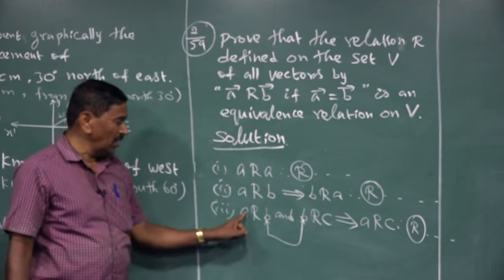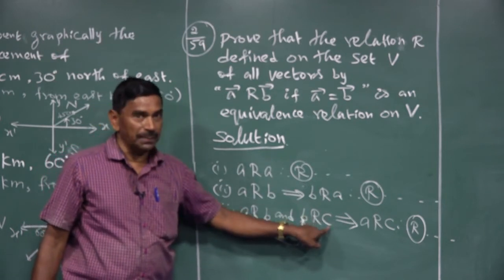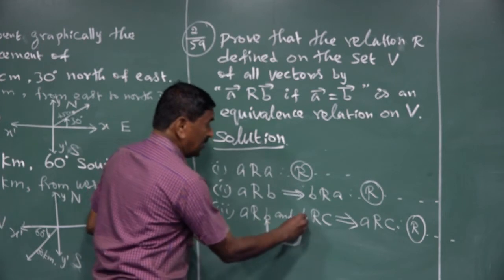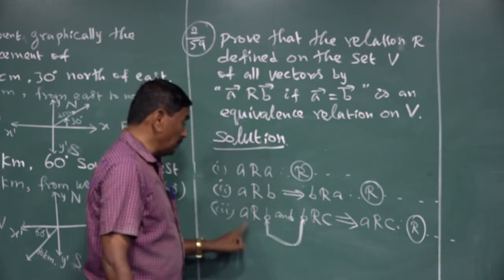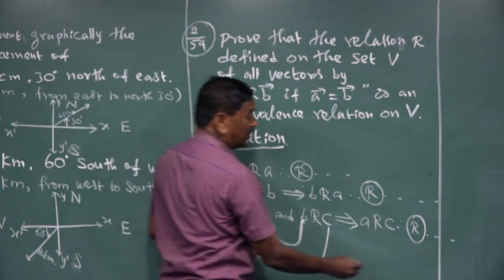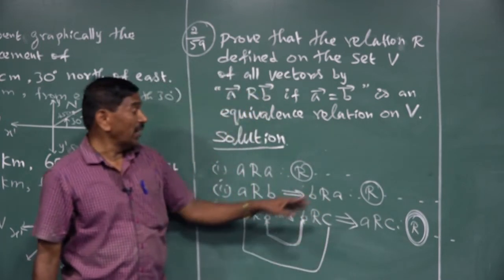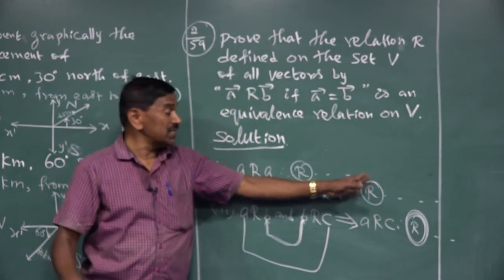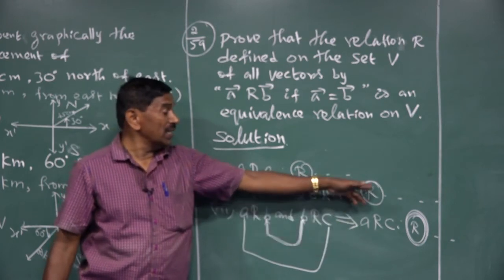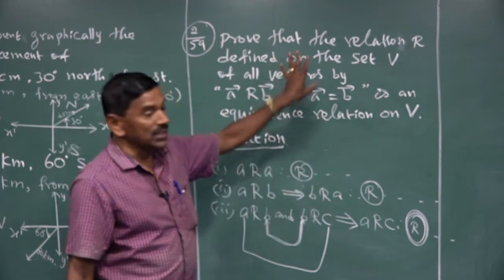Next, the third one: A is related to B and B is related to C, which implies, the center B's cancel, consider first and last, A is related to C; therefore, R is transitive. Therefore, a relation R which satisfies all these three properties, that is reflexive, symmetric, transitive, is said to be an equivalence relation. So that is the basic for this question.